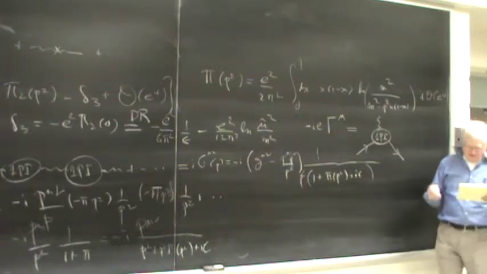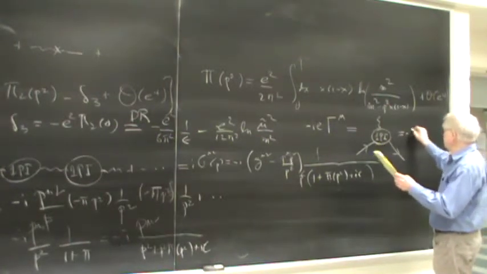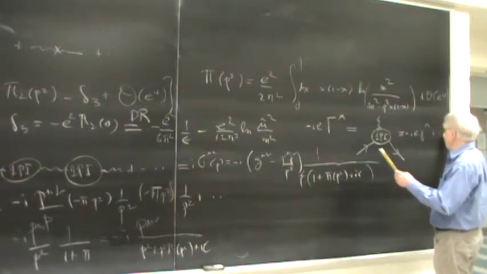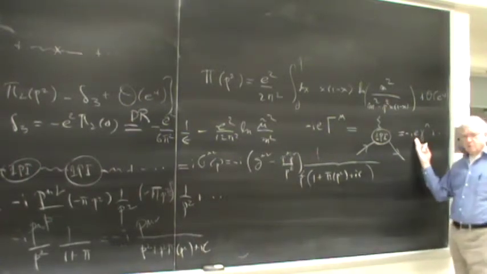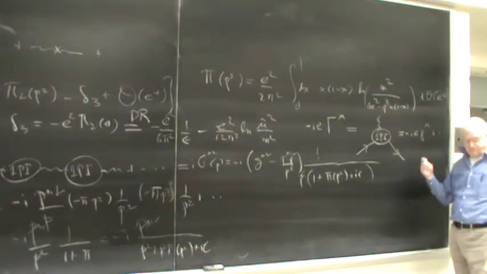And of course, it's the electron-positron line, basically. Okay, so this is minus i e gamma mu plus higher terms. By setting this equal to the e that Coulomb saw, that's going to be sort of a renormalization condition.